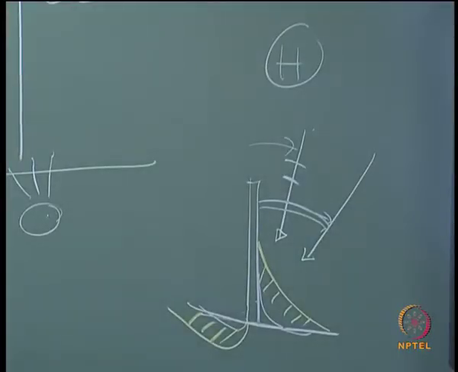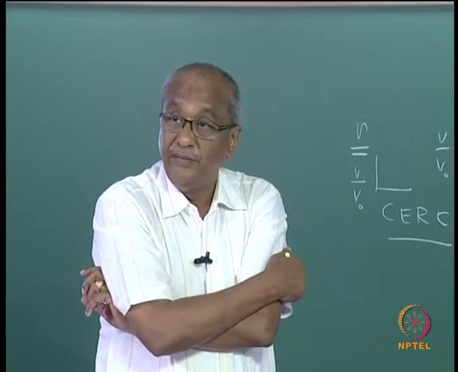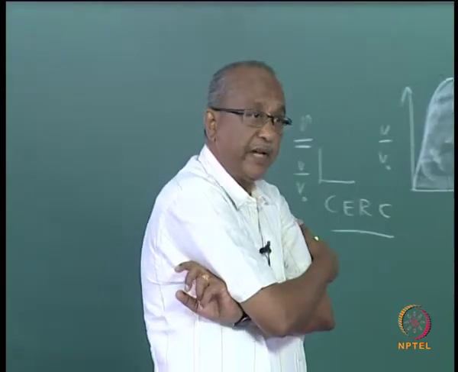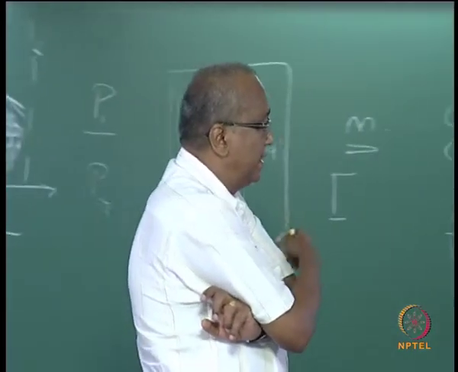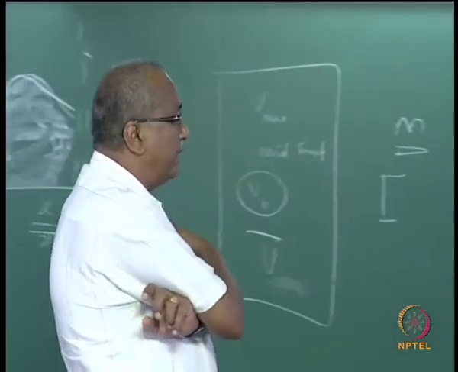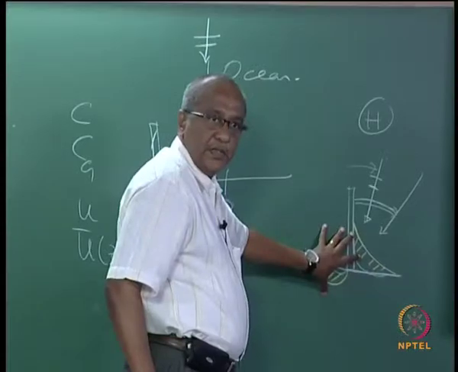So this is the physical significance of knowing the variation in the Longshore current velocity and also the variation in the wave directions, particularly in the near shore. However, the volumetric rate of flow of the longshore current is proportional to the breaker height squared, h square, that is what the formulas say. So I am sure that this is understood, right.